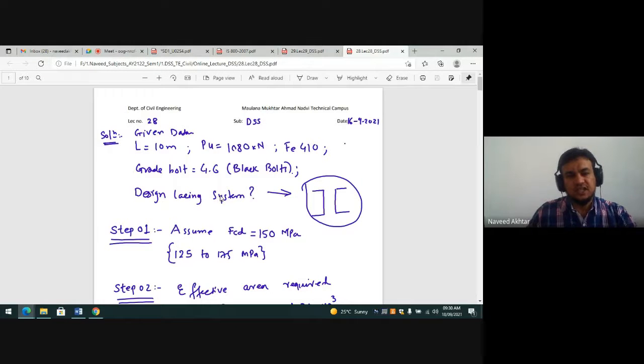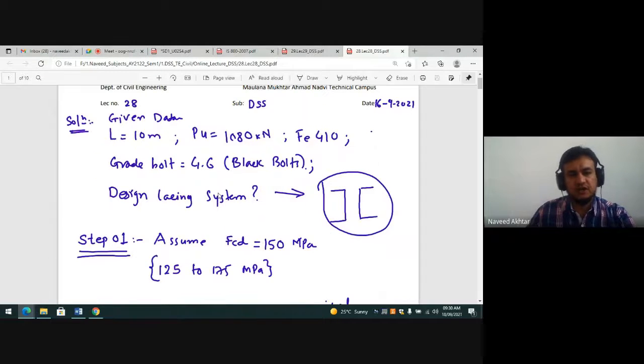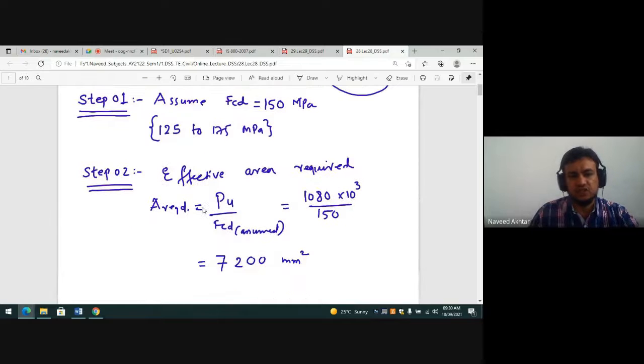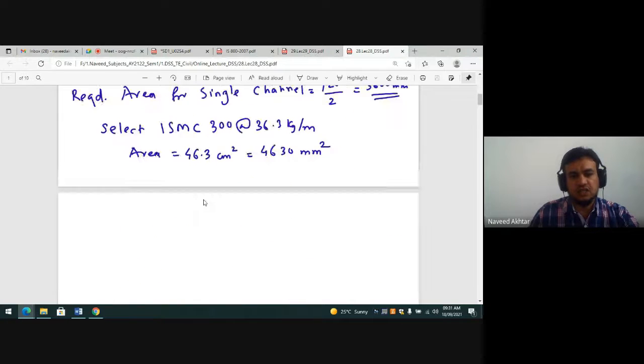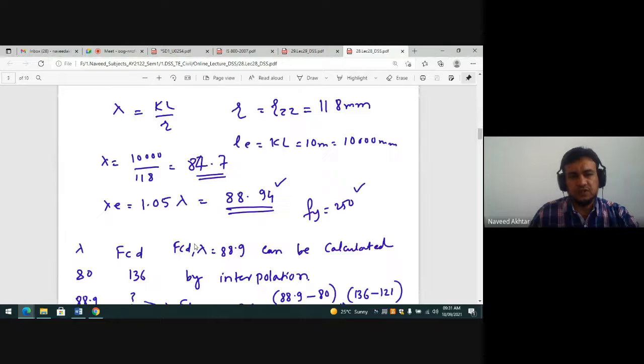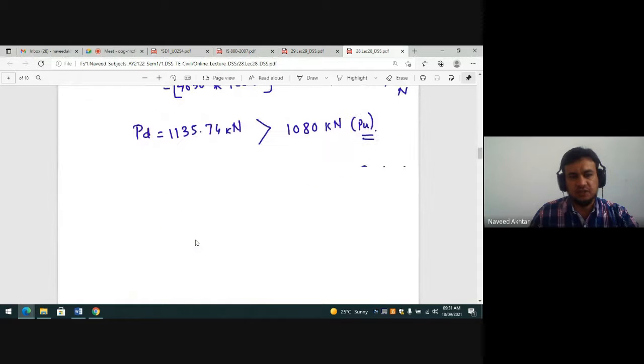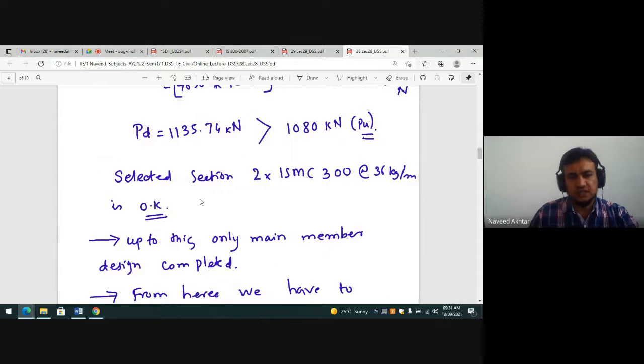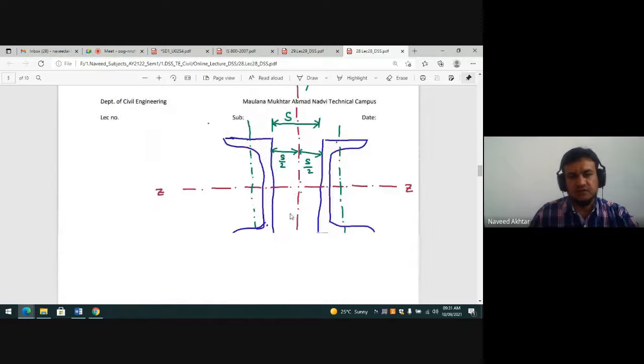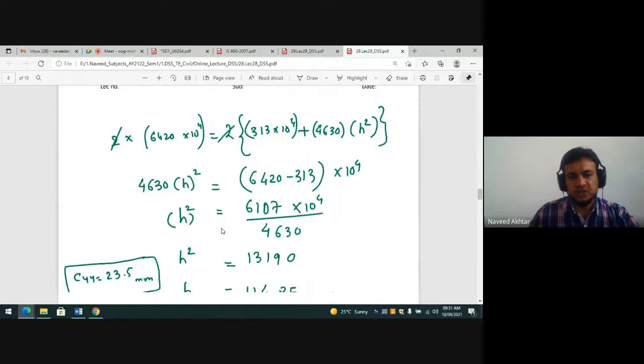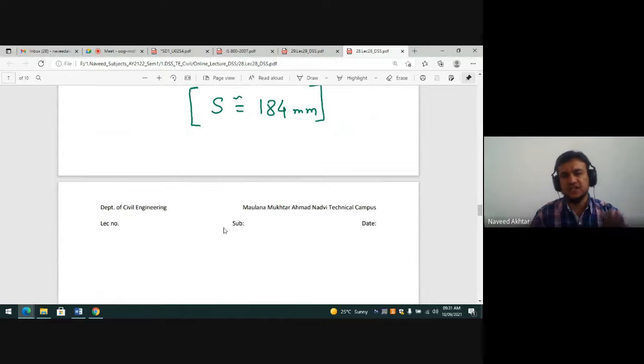This lacing system we have designed, we have checked for the column strength. Up to this step, where we check the column strength and find the spacing, the battening system design is also the same. What is different?